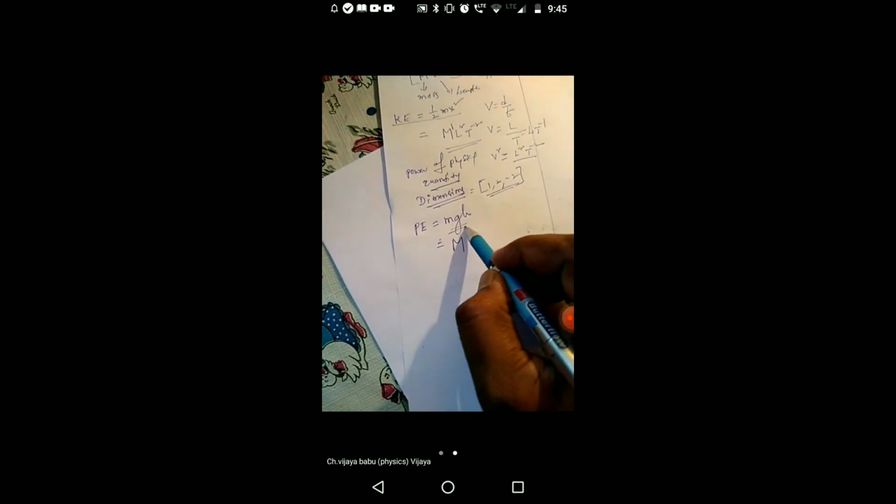G is nothing but acceleration due to gravity, nearly equal to A. Same formula you can write for G also. You know very well, acceleration equal to velocity by time. This velocity I am writing displacement by time. Down one T is there. Displacement dimension letter L, T square dimension letter T square.